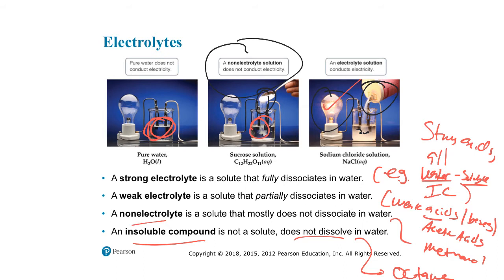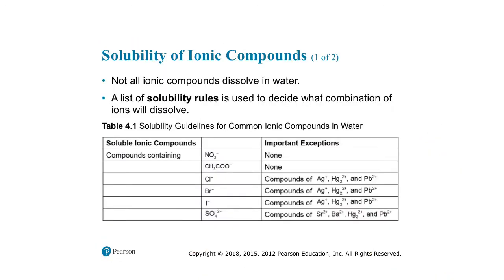It can't possibly ionize in water if it's not even in water at all. Another example would be an insoluble ionic compound, which would not dissolve at all in the water.